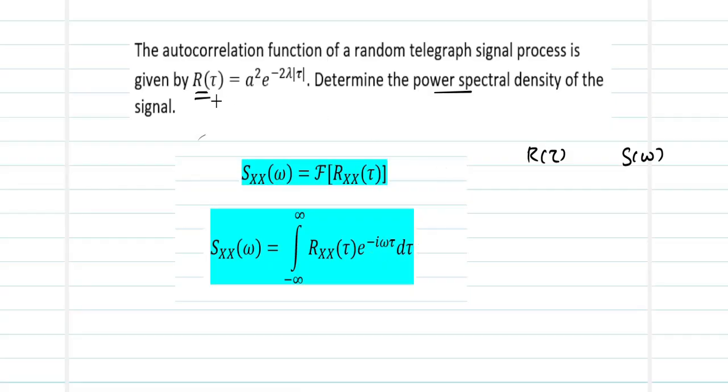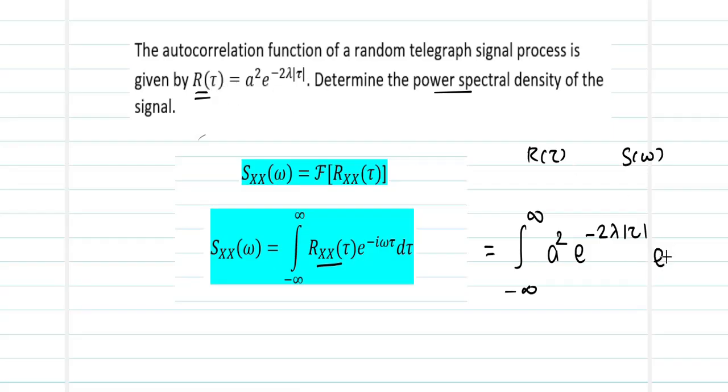Now how has our function been defined? What is going to be my input function? This will be equal to the integral from minus infinity to infinity. My input function Rx(tau) has been given to me as a square e to the power minus 2 lambda modulus of tau. 2 is a constant, lambda is a constant, and tau alone is the variable of my autocorrelation function.